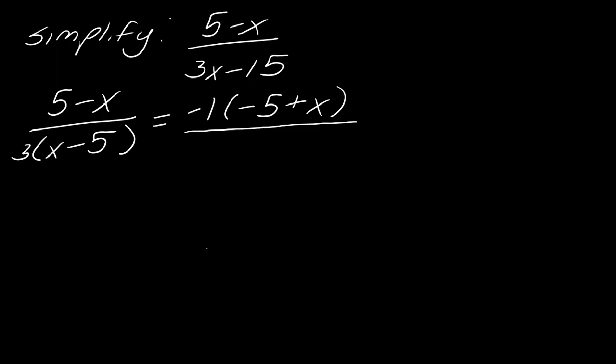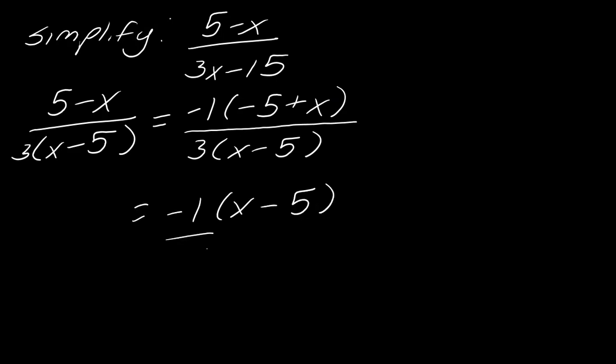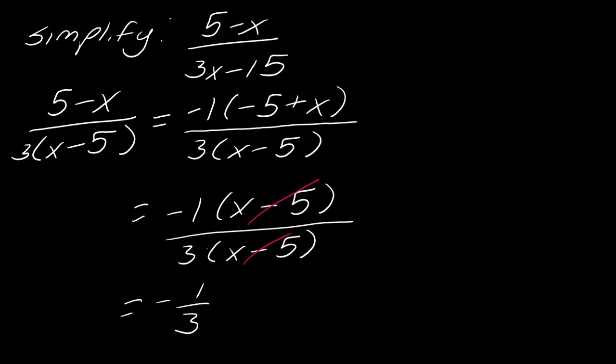And so now I've got that over this. Now I want to reorder this part here. So this will become -1 times x minus 5 over 3 times x minus 5. Now I can go ahead and cancel these out. So in this case, my answer is going to be -1/3.